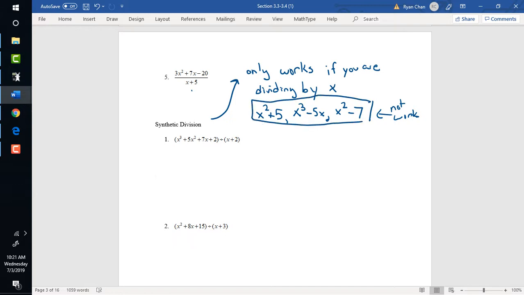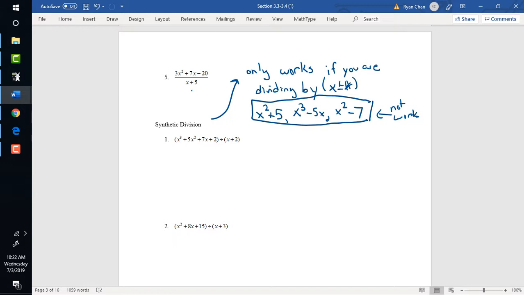So, at most, it can only be x plus 3, x minus 2, and so forth, okay? So if I'm dividing by x squared plus 5 or x cubed minus 5x or whatever, I have to resort to long division. And so once again, synthetic is only dividing by x plus or minus a number, okay?